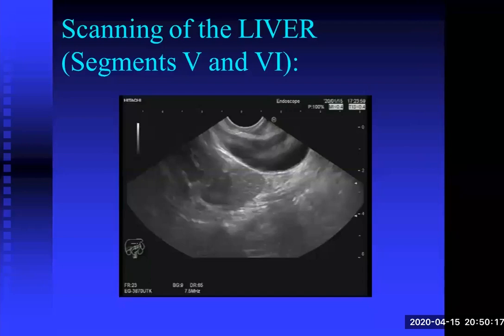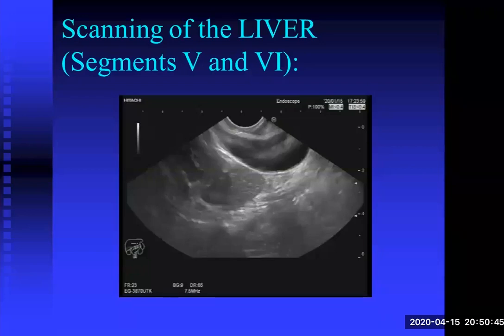At the level of the left hepatic vein, I can see 2 and 3. But 5 and 6, till now, we didn't see. We can see them from the bulb of the duodenum at 9 o'clock, so we should do anti-clockwise rotation to look at 9 o'clock, or in the antrum, in the pre-pyloric region, and also anti-clockwise rotation to locate at 9 o'clock.